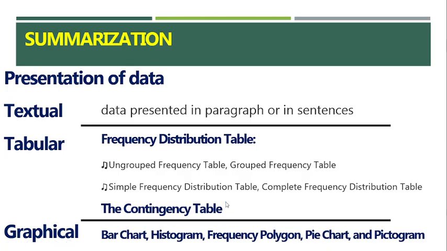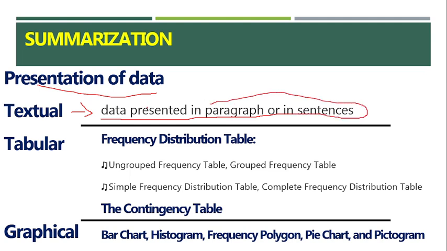So to summarize again, in terms of presentation of data, when we say textual, we are having the data presented in a paragraph form or in a sentence form. Okay, so when we are having the tabular, we have what we call the frequency distribution table. We have two things to remember: ungrouped frequency table and grouped frequency table.